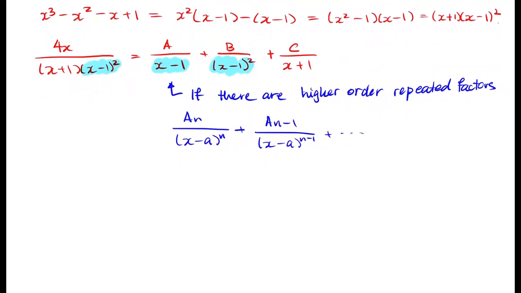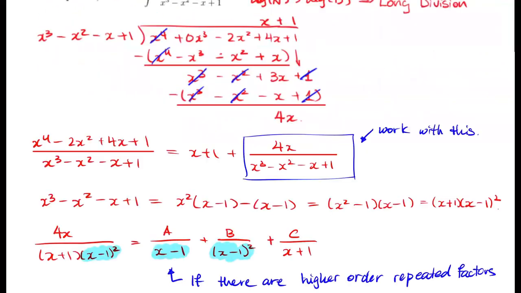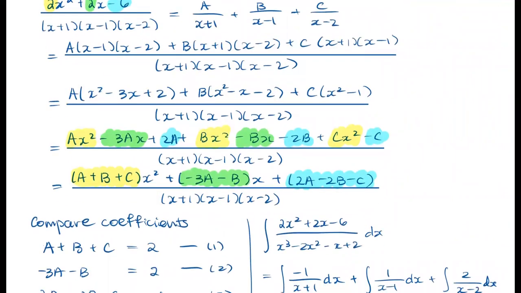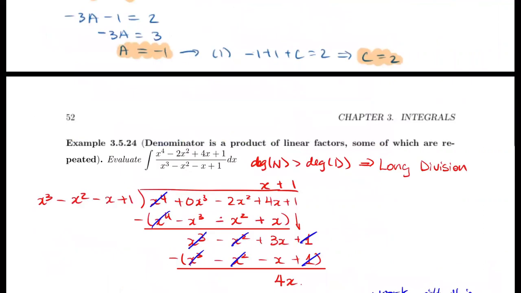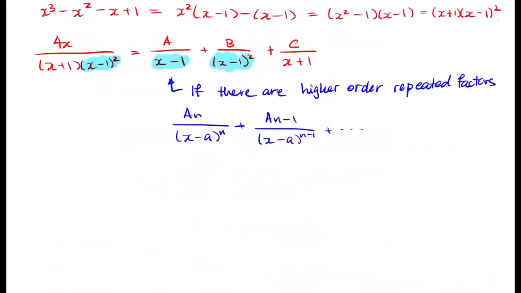All right. So you would just keep on descending, or maybe go ascending this way, like how I did it here, up to you. And same thing we did as we did in the previous example, we would just have to work all the way to this step here, same stuff. So what we have here is if we want a common denominator of x plus 1 times x minus 1 squared, then the first term I'm going to multiply by x minus 1.